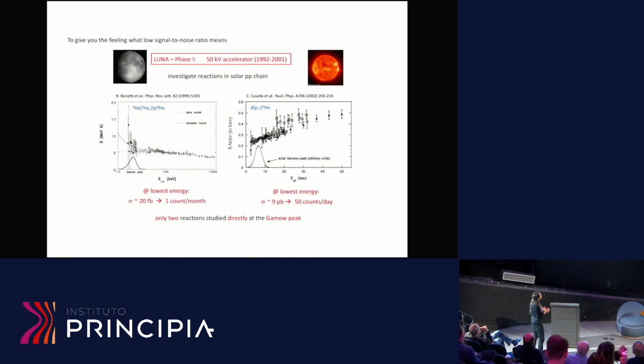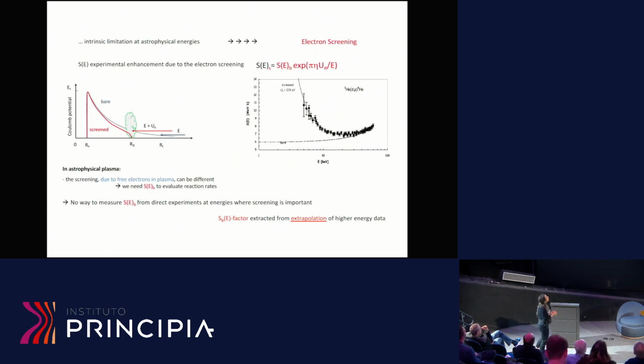So after this important phase 1 of the LUNA collaboration, we discovered this intrinsic limitation of direct measurements at astrophysical energies, that is electron screening. Electron screening is due to the electrons surrounding the interacting ions, and the effect is to screen the Coulomb potential. The macroscopic effect is this increase in the S factor.